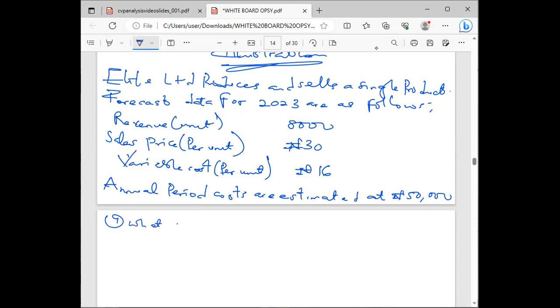What is the break-even point in units and sales value?